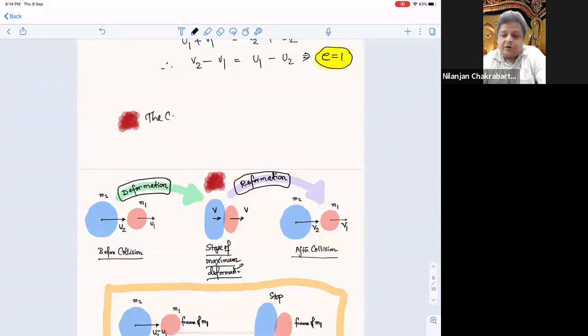The collision stops at this, I mean this is the final state, okay, the final state for the perfectly inelastic collision. That is the final step.